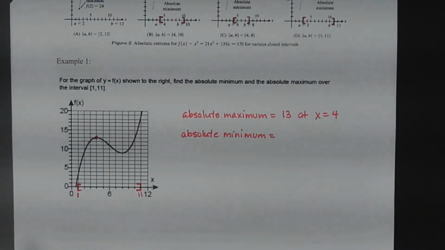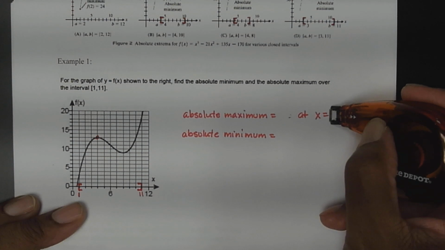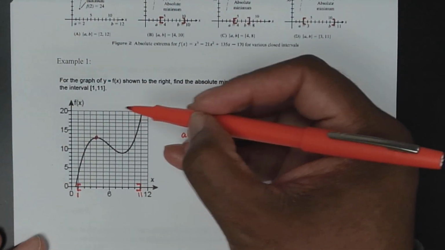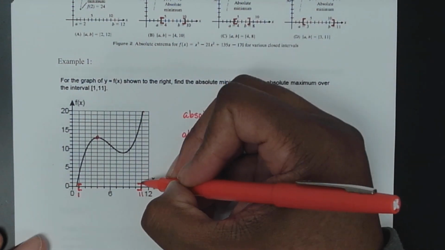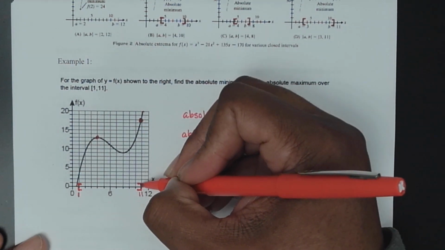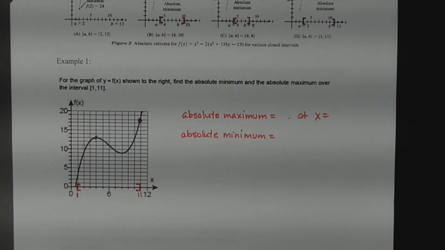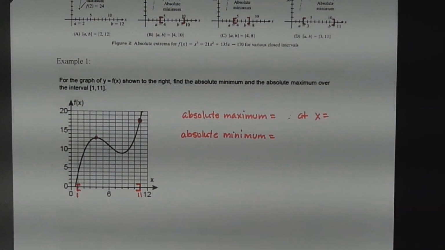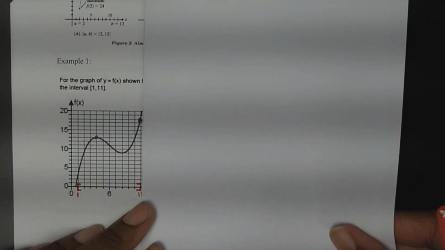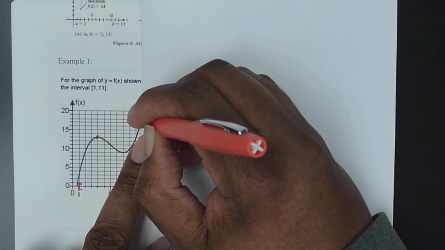I need to make a correction about the absolute maximum. It's within the interval 1 to 11. So in other words, here's your absolute maximum up here. Here's 11, right here. If I cover just the part after 11, you're going to see this is the highest y value it would reach.